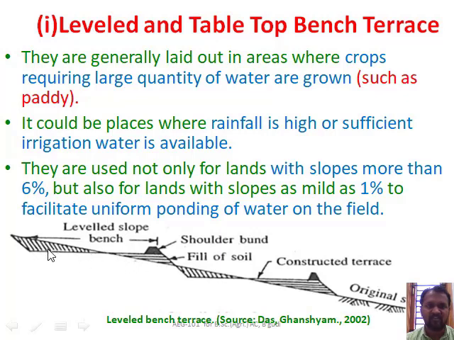This is a shoulder bund, used to store the water or to control the water flow downside. The line here shows the original slope.